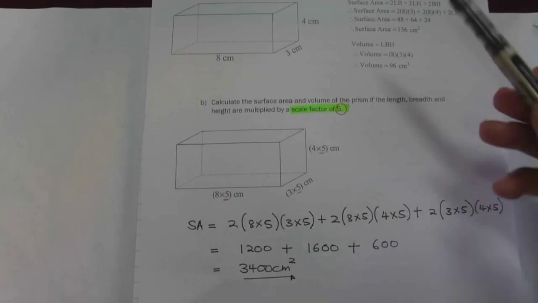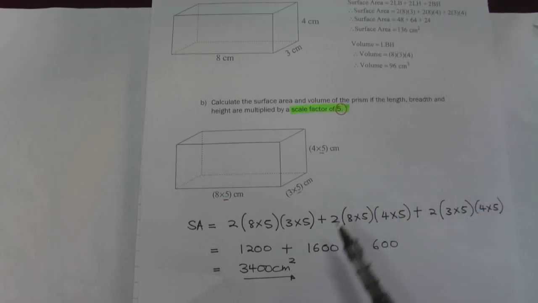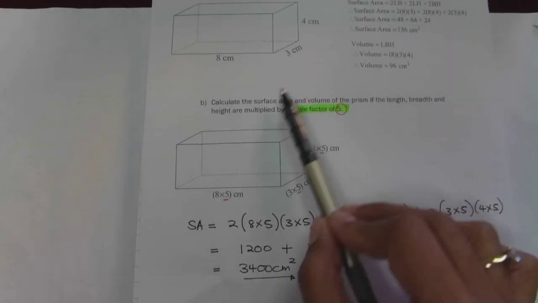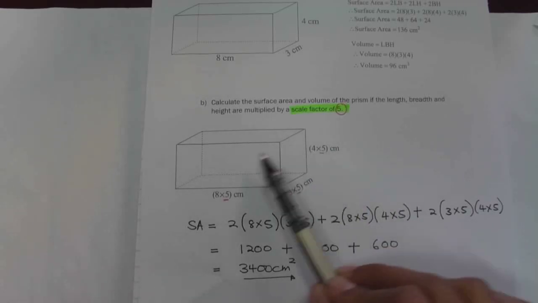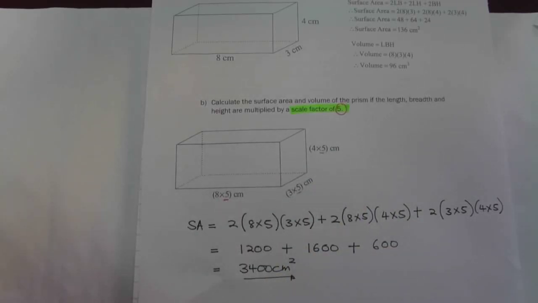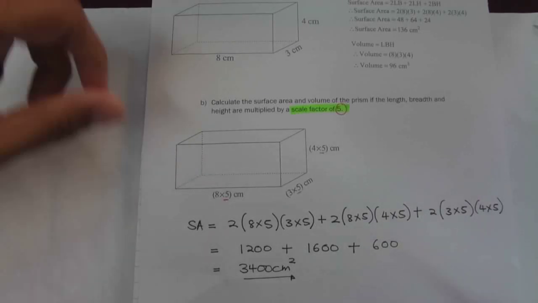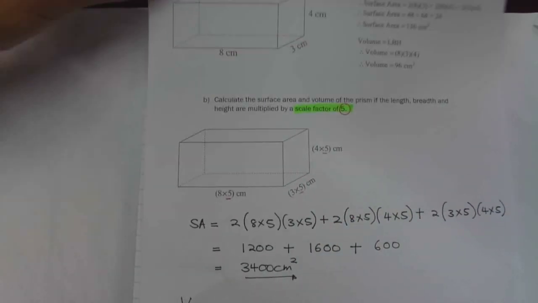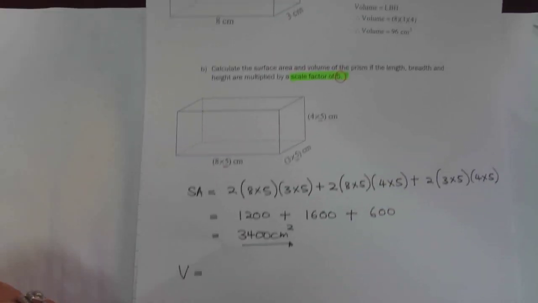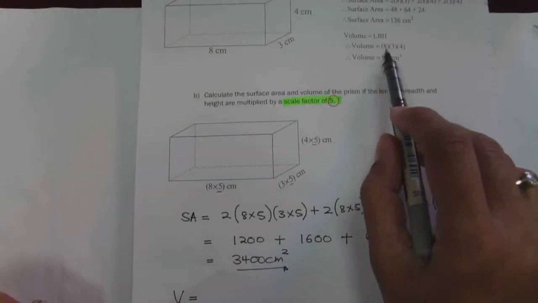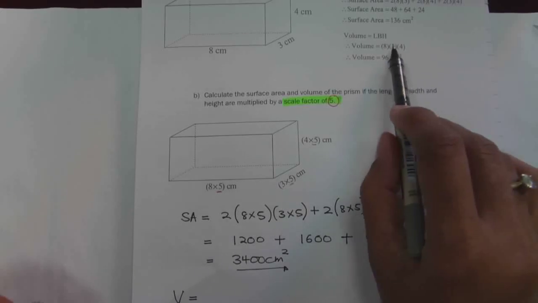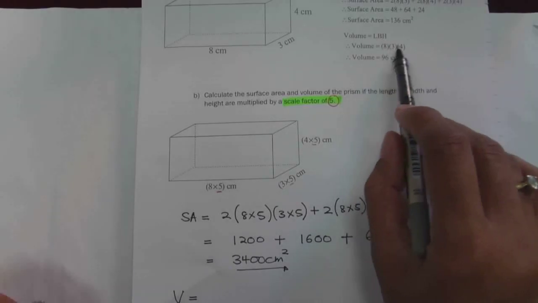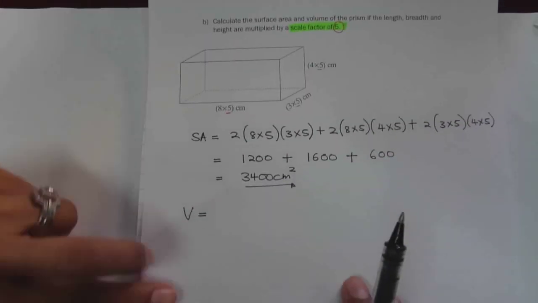Okay, so as you can see, let's compare the original to the new. So the scale factor of 5, all of the sides were multiplied by that number, 5. Volume, again, we will take the original dimensions, which was 8 times 3 times 4, and we are going to multiply each of those dimensions by 5.